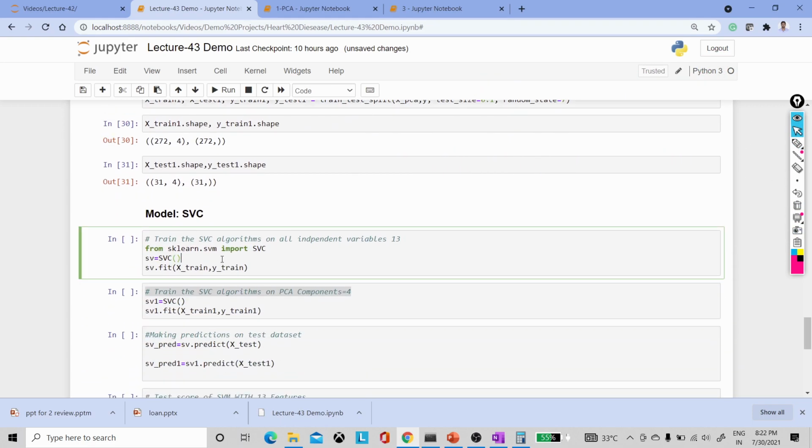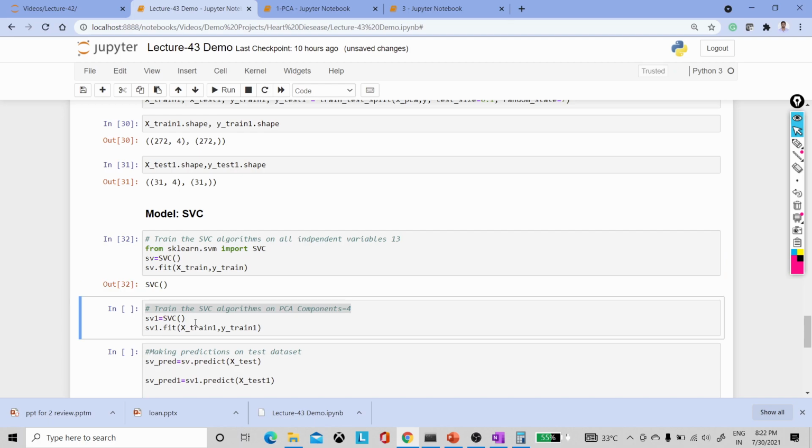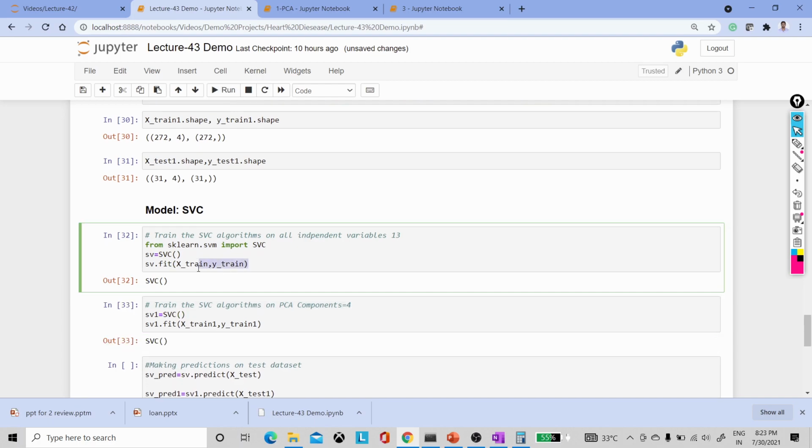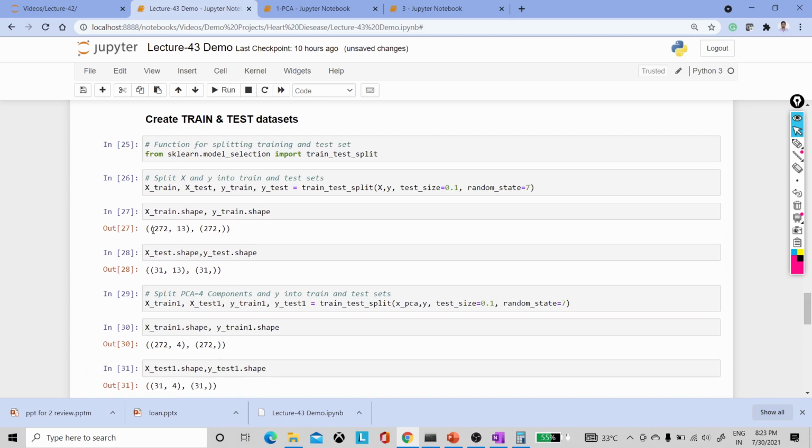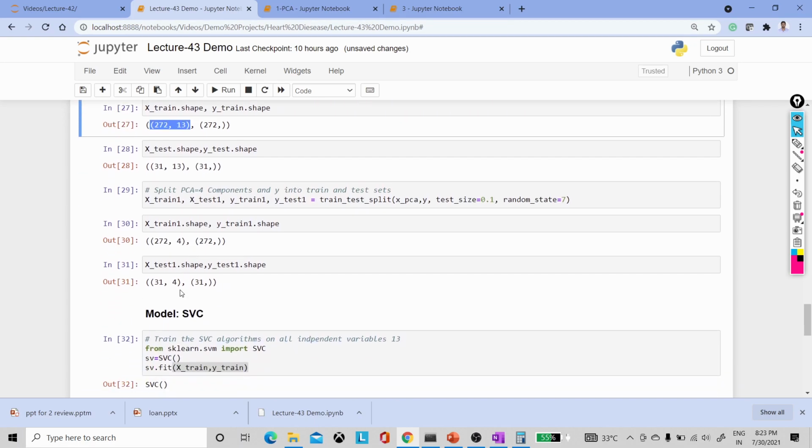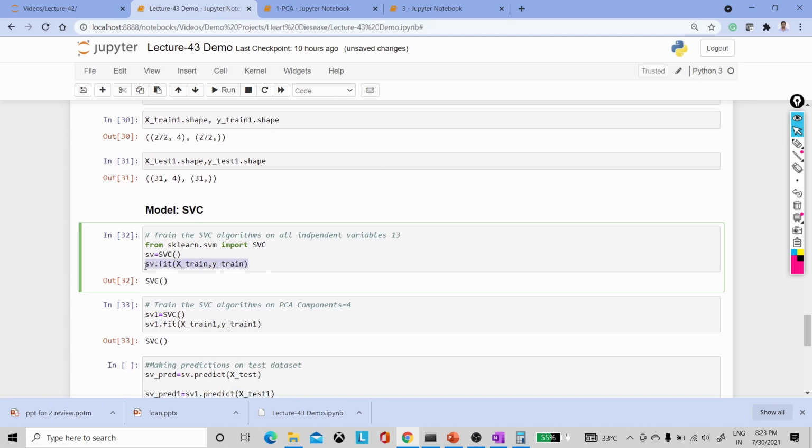So I am taking the support vector classifier algorithm. The same data, X train, Y train, means 272 records and 13 columns of data. I feed it to my model, the SV. So SV is the model applied on the 13 columns, and SV1 is applied on the 4 components, which means PCA, and the SV model is applied without PCA. Remember this point.